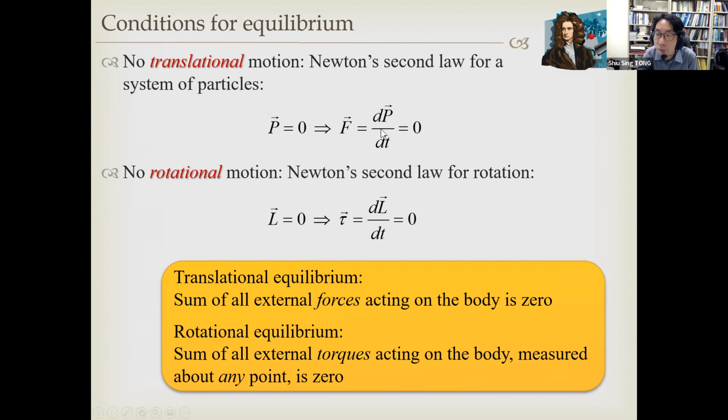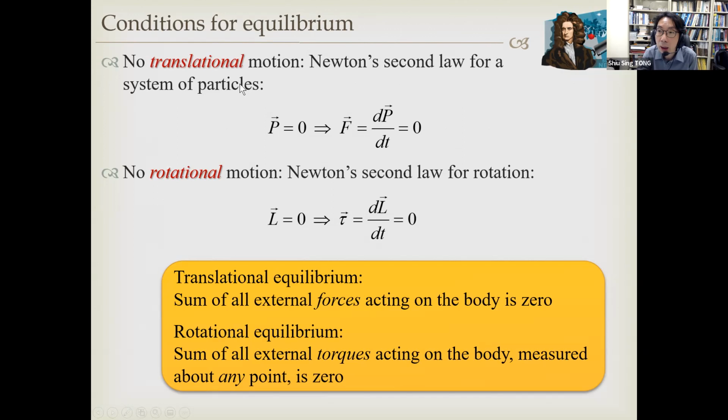But the rate of change of momentum is equal to the net force acting on the object by Newton's second law, and so the net force acting on the object is 0. That is the condition for translational equilibrium.